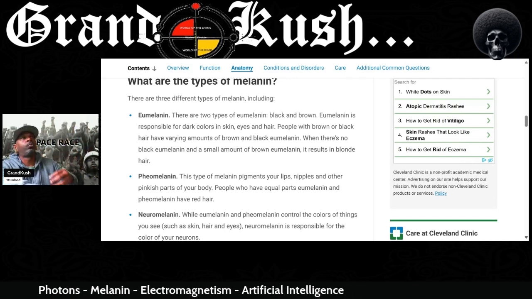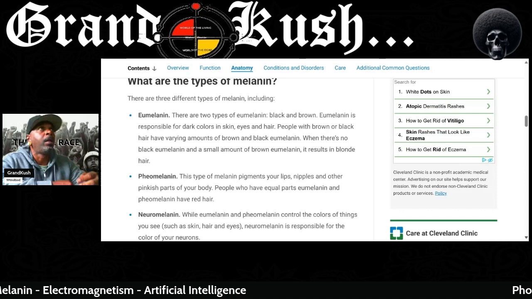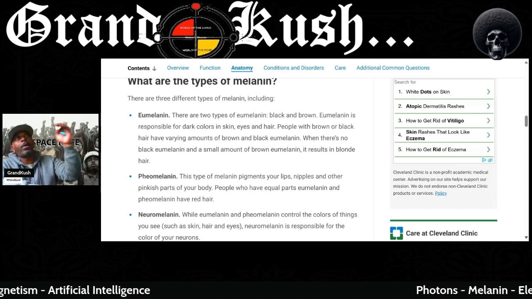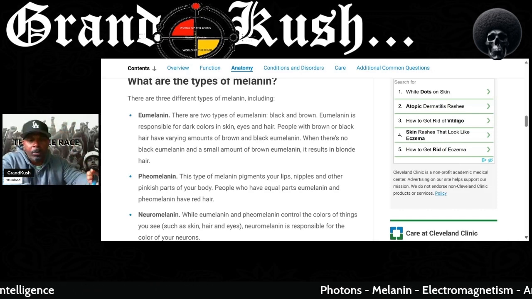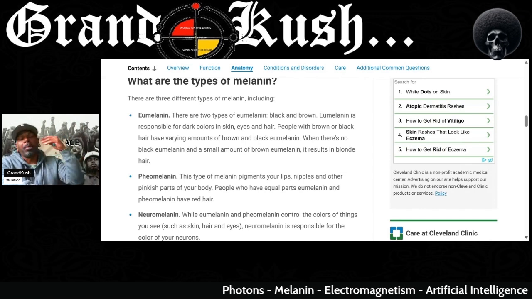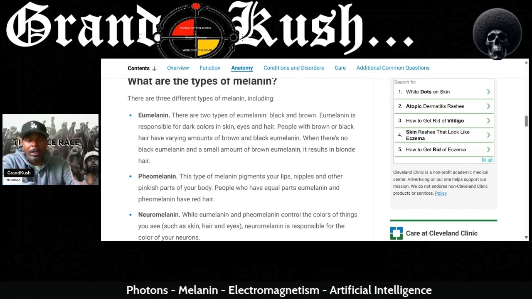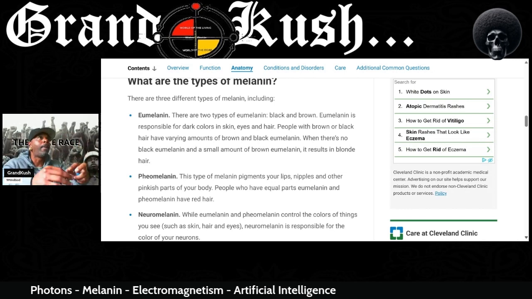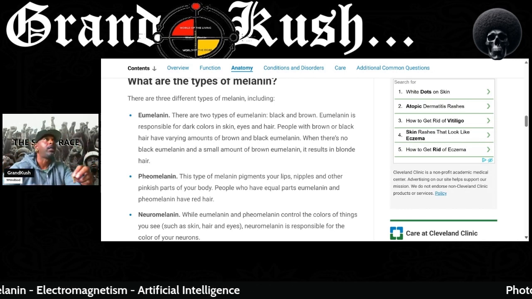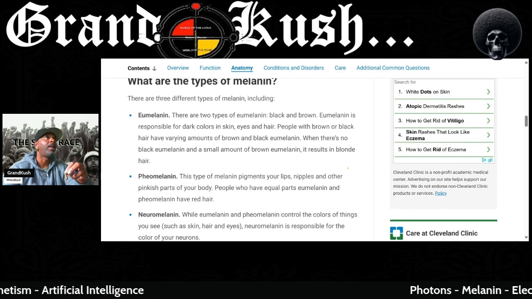Every race gives the rule on the planet, seemingly, right? But it's brown and black because we are brown people. Black is for the hair, iris, neuromelanin. It has to be black.